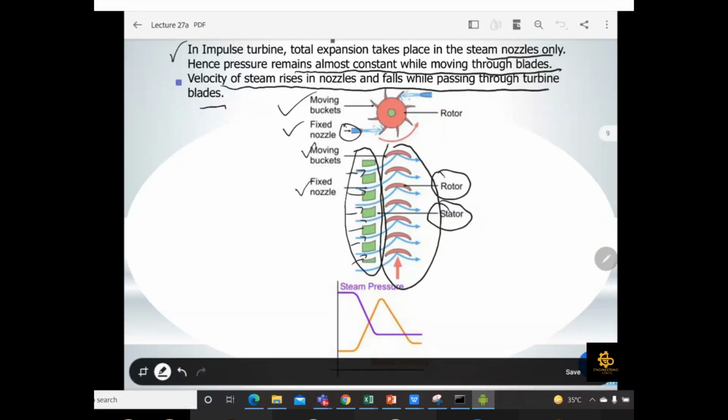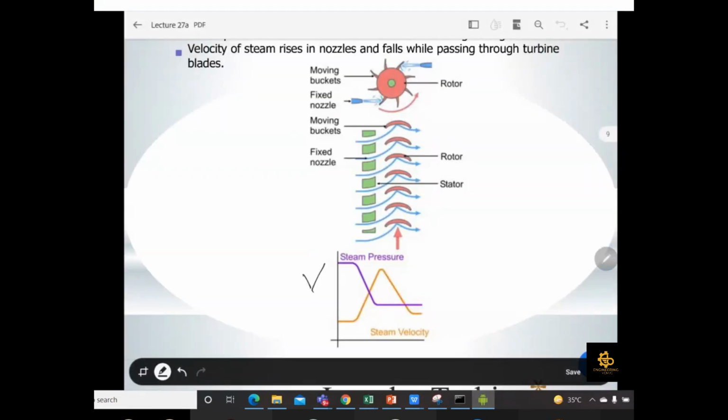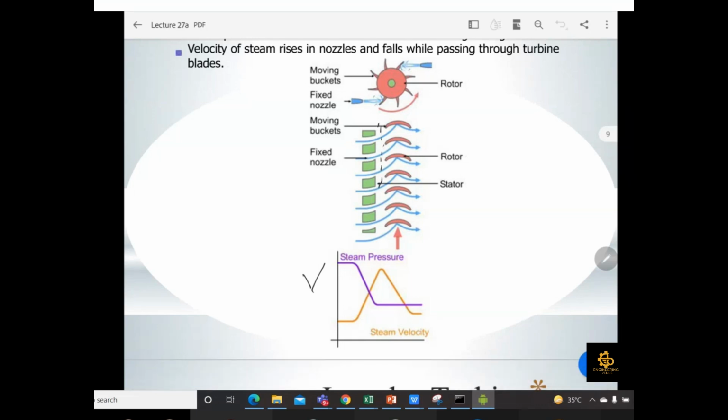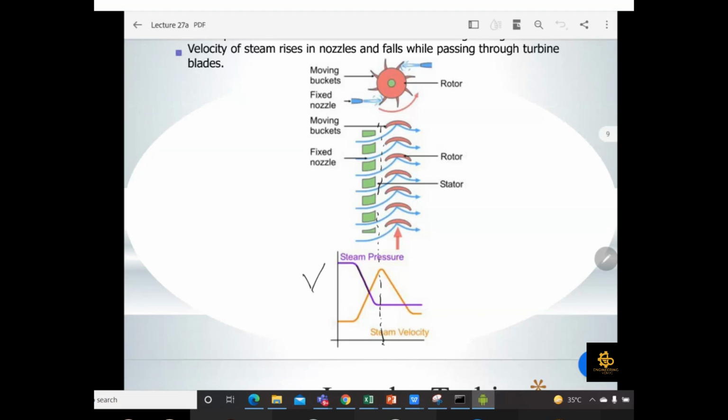And if we take a look at the graph mentioned there, you can notice there are two curves, one showing the pressure and one showing the velocity. Looking at this section, from the nozzle, as your fluid passes through the nozzle, your pressure decreases.